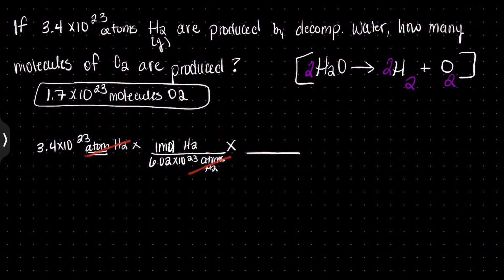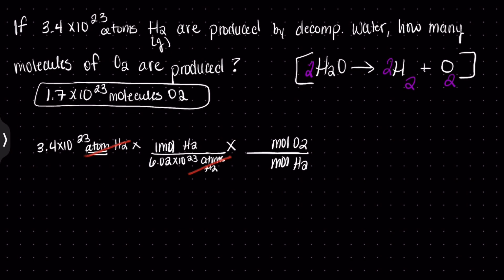I build my molar bridge. I'm trying to get to how many molecules of oxygen are produced. I'm trying to get here, molecules of O2. So I should probably move into moles of O2 up top. And I gotta get my moles of hydrogen, or H2, to cancel, so hydrogen goes on the bottom.